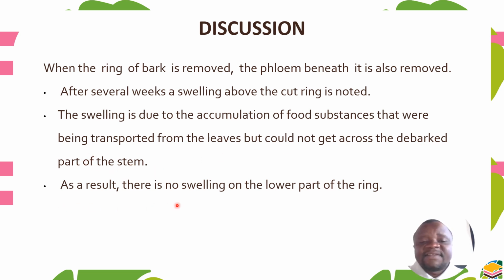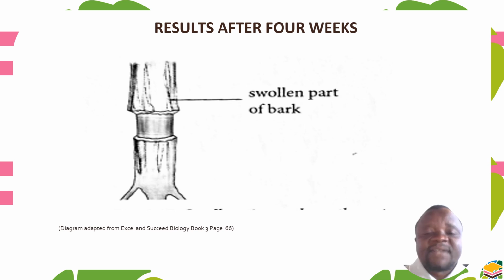As a result, there is no swelling on the lower part of the ring. So generally, because the food is failing to cross where there is a ring, that's why it starts swelling above the debarked region. Yeah, so let us see the results here.